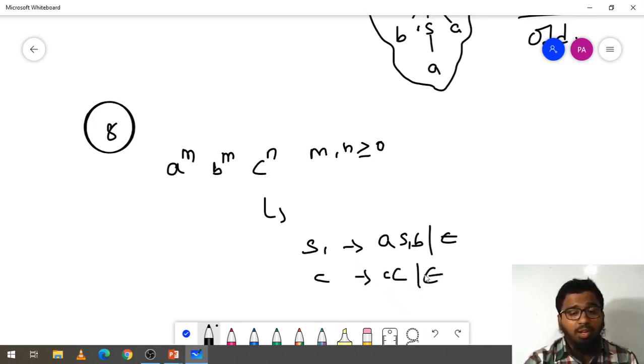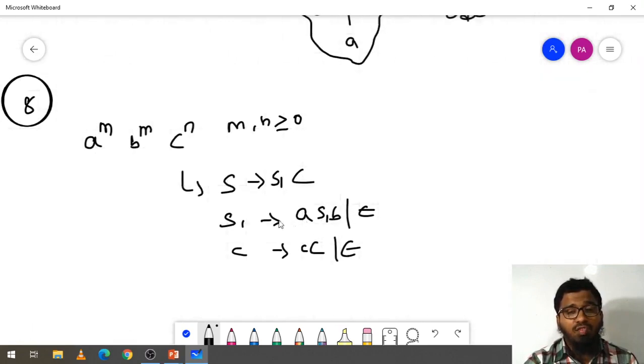Okay, so here in the equation, A, B is coming first, then C. So for that, take S, concatenate these two: S goes to S1 C. So this is our answer for this.